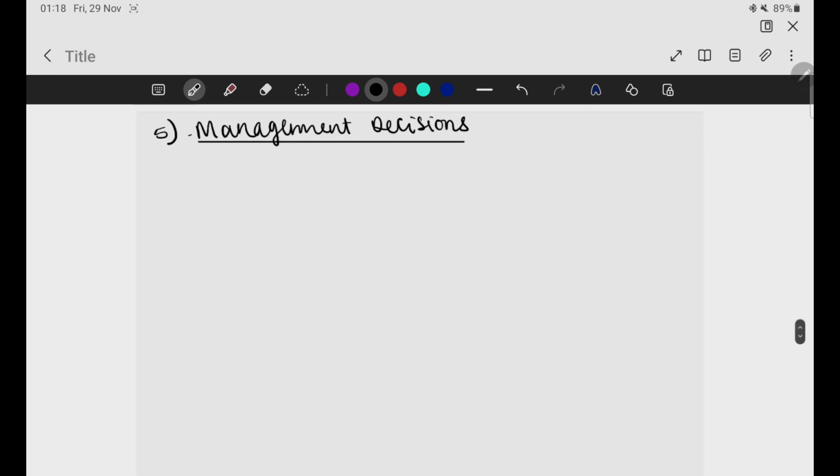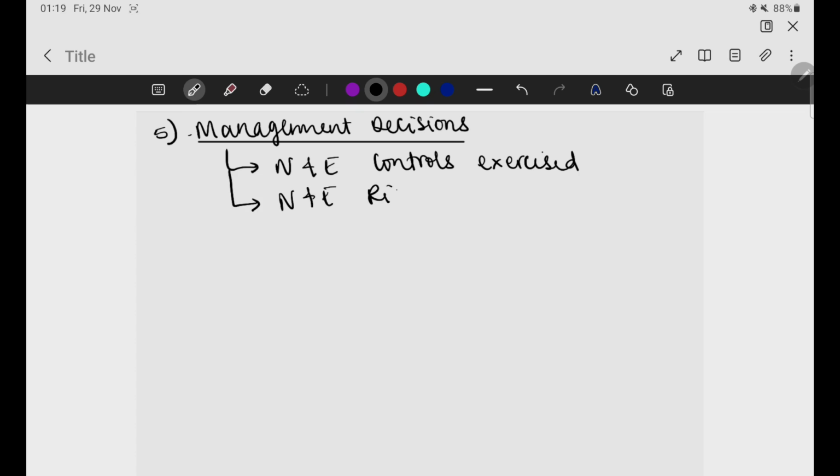Fifth point was that there are management decisions or management judgments. Here there are two parts: the nature and extent of the controls exercised, and the nature and extent of risk that is assumed.